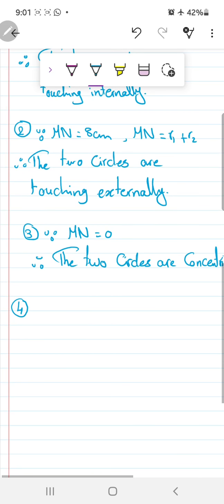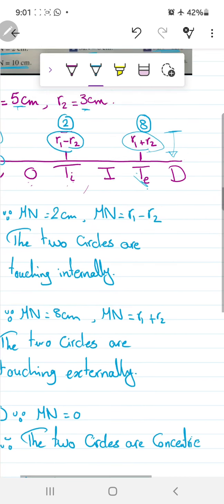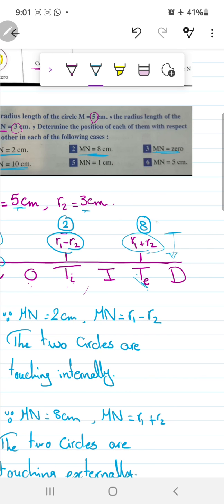Okay, so number 4, since MN equals 10 centimeters, it means MN is greater than 8. What's the meaning of greater than 8? It's greater than R1 plus R2. So MN is greater than R1 plus R2.